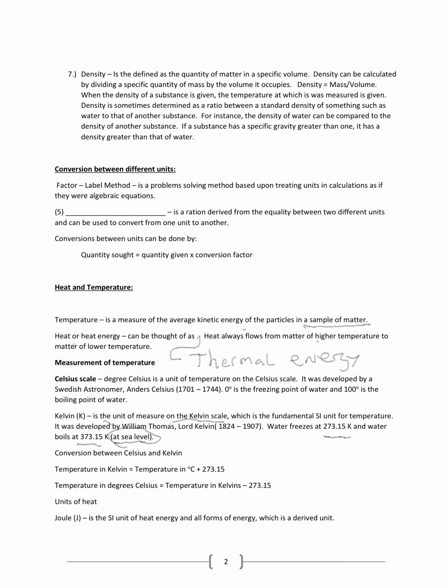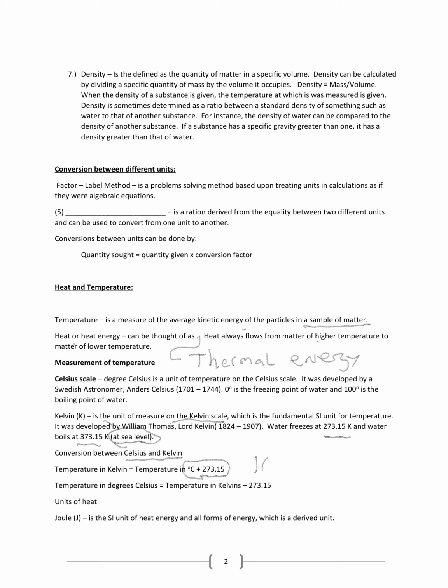Again, that's at sea level, because if you change the air pressure, that will change the temperature at which water boils. So how do we make a conversion? If I want to convert between Celsius and Kelvin, temperature in Kelvin equals temperature in degrees Celsius plus 273.15.